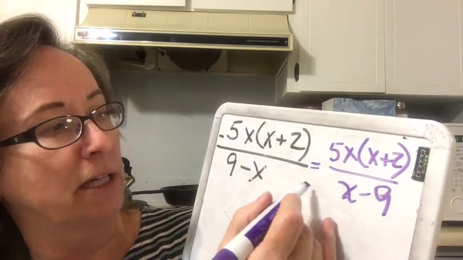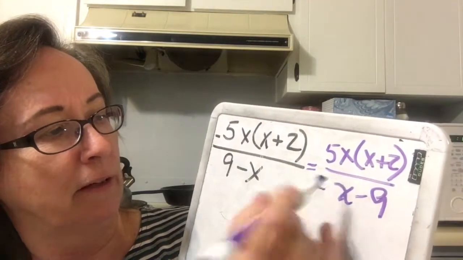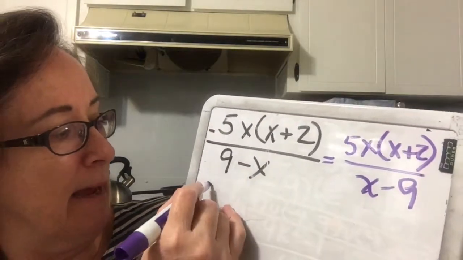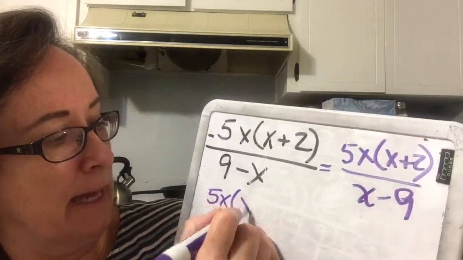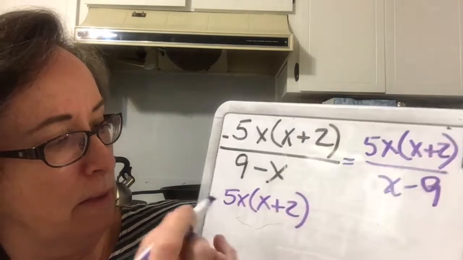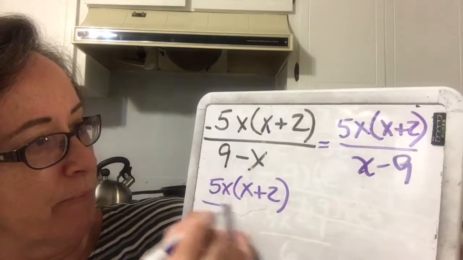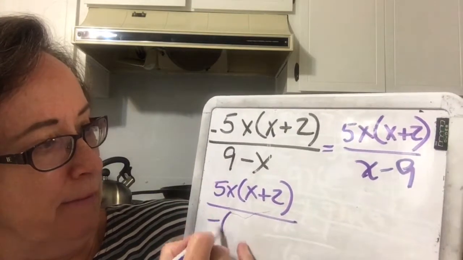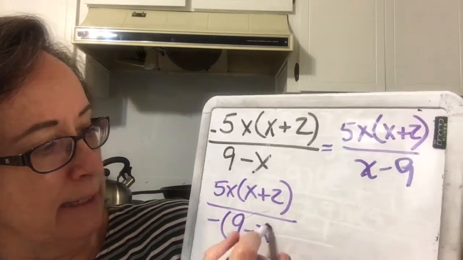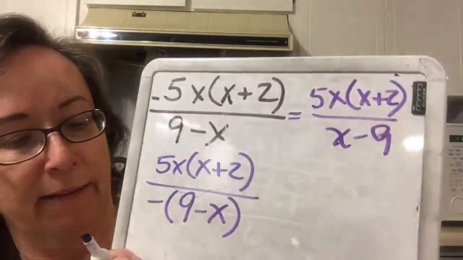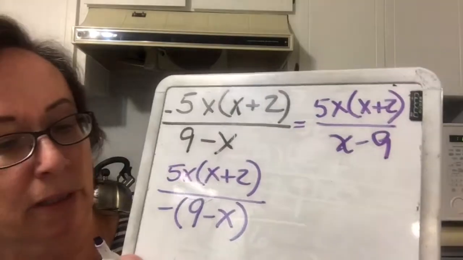Let's go down here and say 5x over x plus 2, and then over negative 9 minus x. In other words, we could leave the negative outstanding there, and that would work.